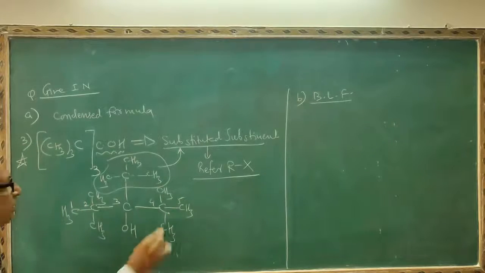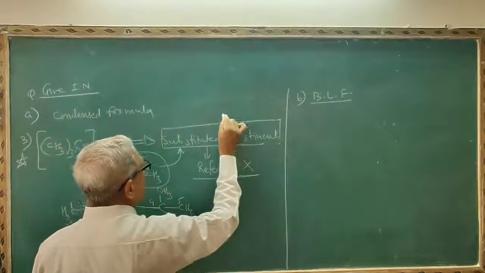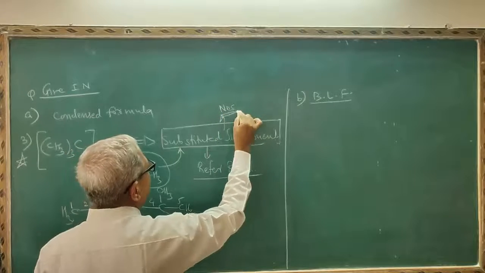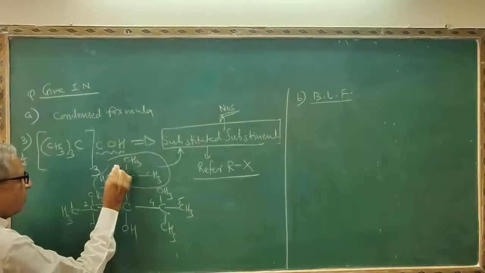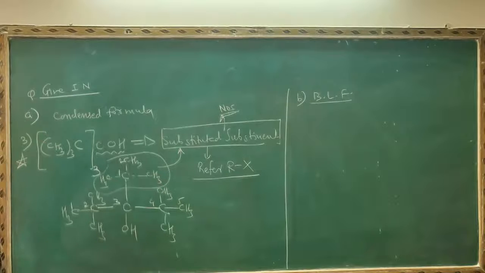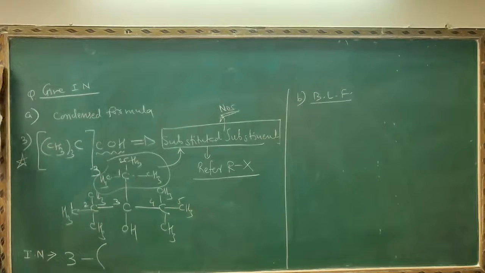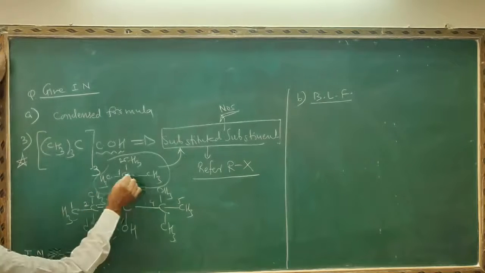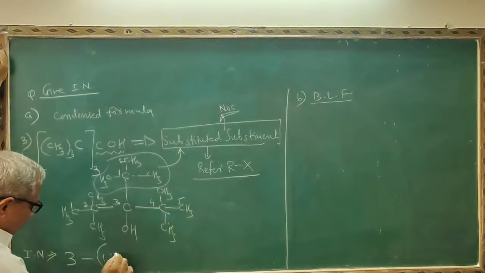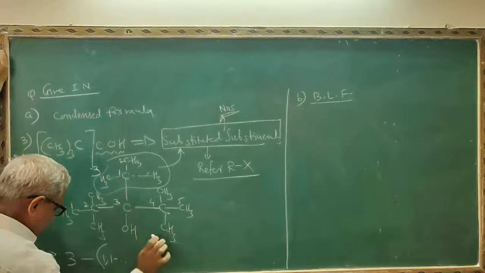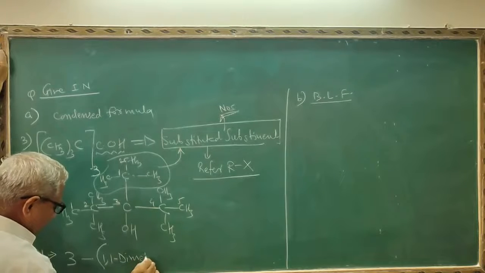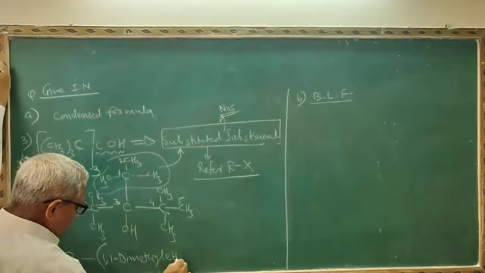And see, in the substituent, the special numbering is used here. You have to give the numbers. So this is carbon number 1, carbon number 2, and therefore the complete IUPAC name of this molecule is. Now see, the substituted substituent is present on the carbon number 3. It is indicated in the bracket. So what is the name of this one? 1,1-dimethyl ethyl.